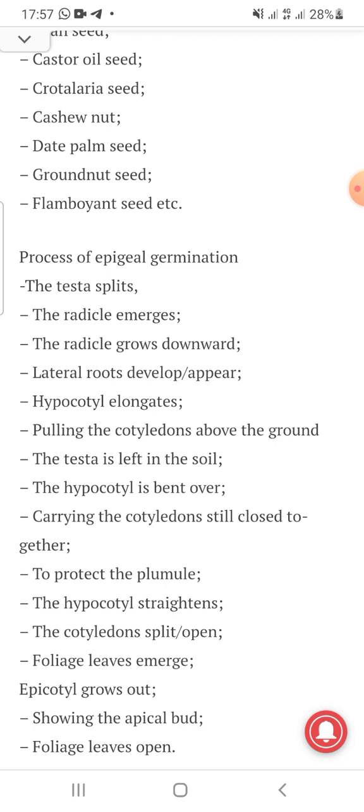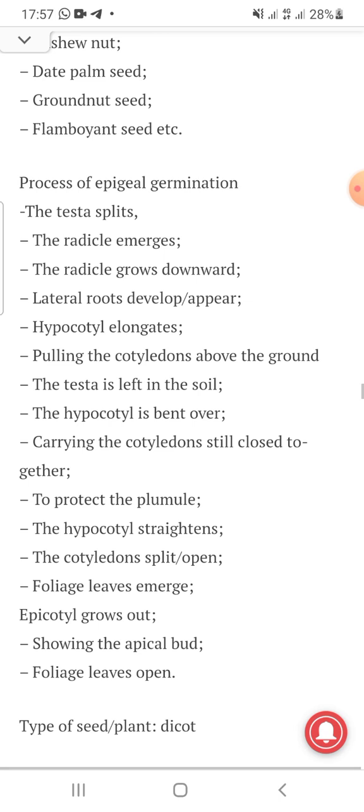Let's look at the process of epigeal germination. 1. The testa splits. Then the radicle emerges. The radicle grows downward. Lateral roots appear. Hypocotyl elongates, pulling the cotyledon above the ground. The testa is left in the soil.